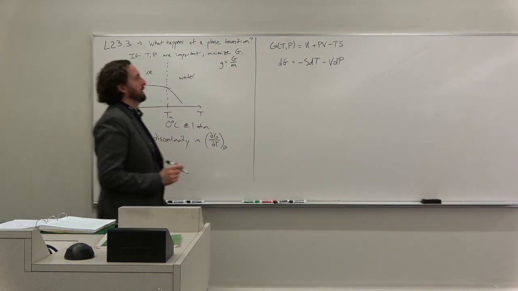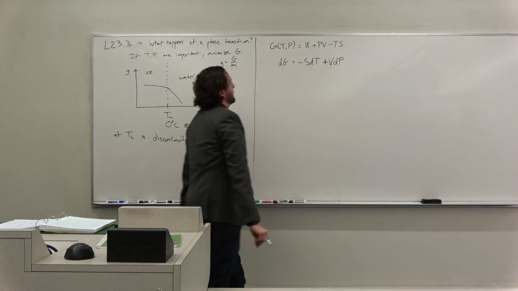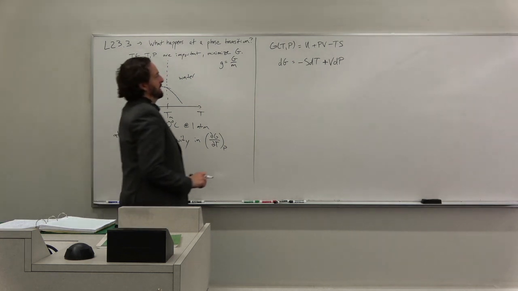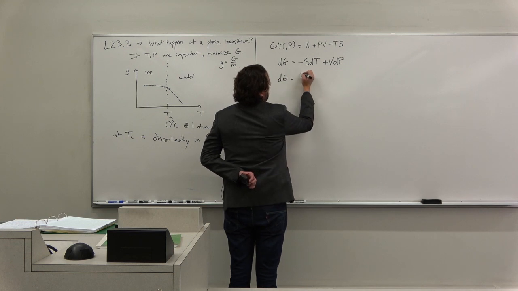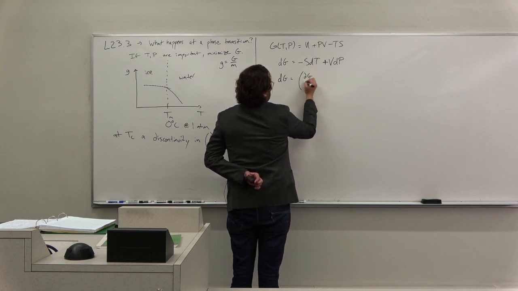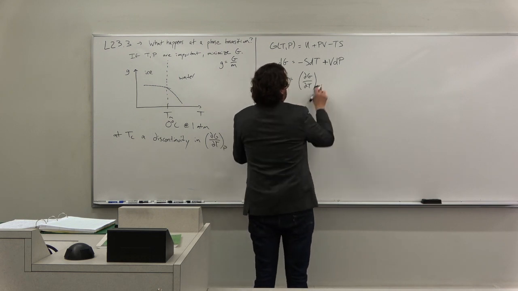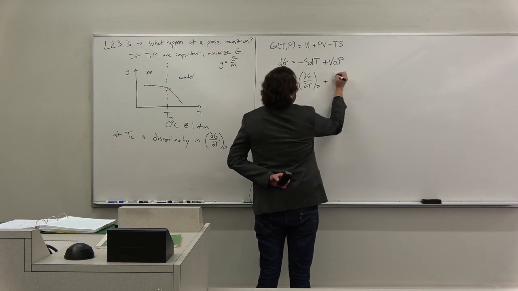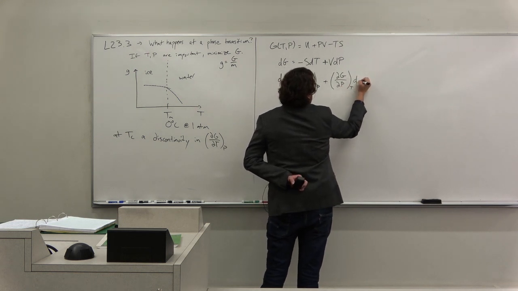Yes, it's plus, because it's minus when it's minus P dV. Okay, good. So we can realize that that would be the same as saying dG is partial G, partial T at constant P, dT, plus partial G, partial P at constant T, dP.